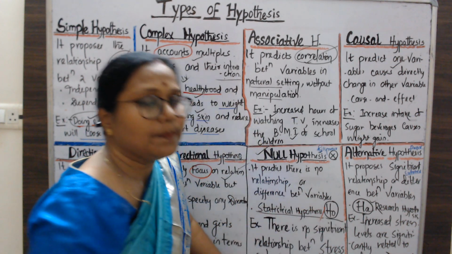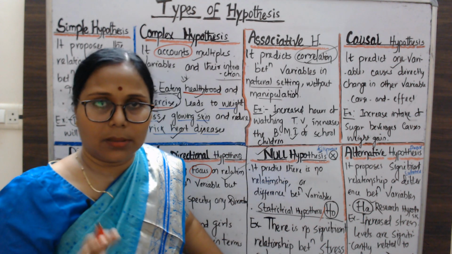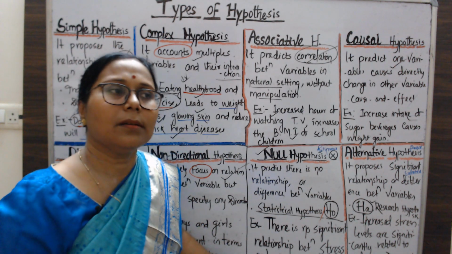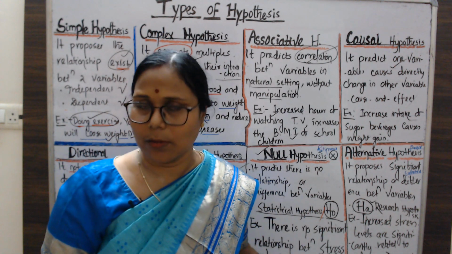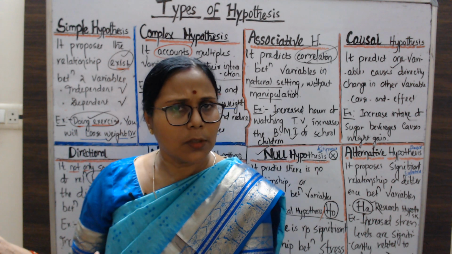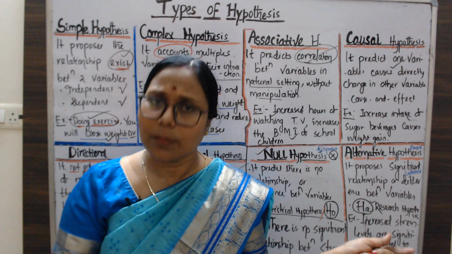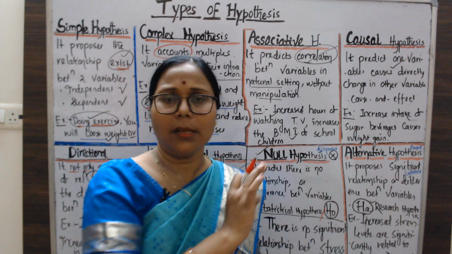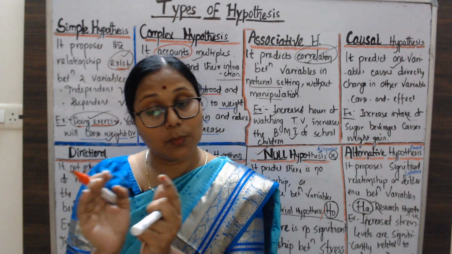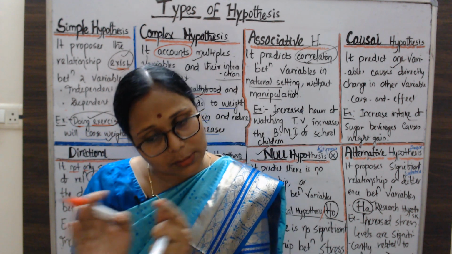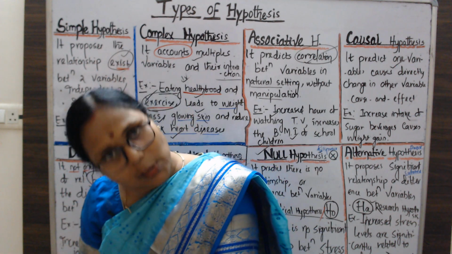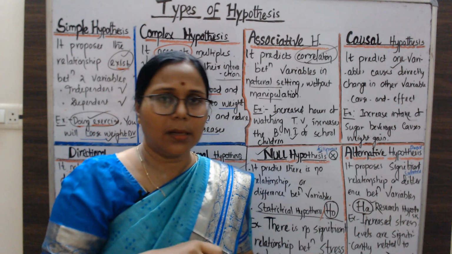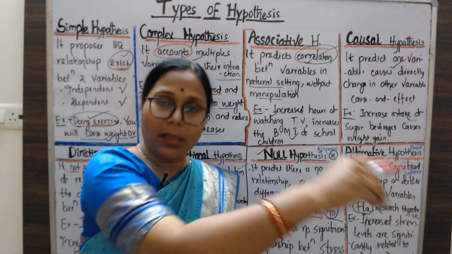Take an example. Suppose in a court, a person is charged with murder. One lawyer wants to prove him innocent, and another lawyer wants to provide the evidence to prove he is the murderer. The jury considers whether the person is innocent, that is, there is no relationship between the person and the murder.